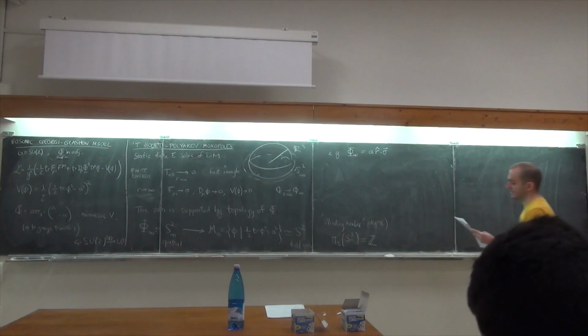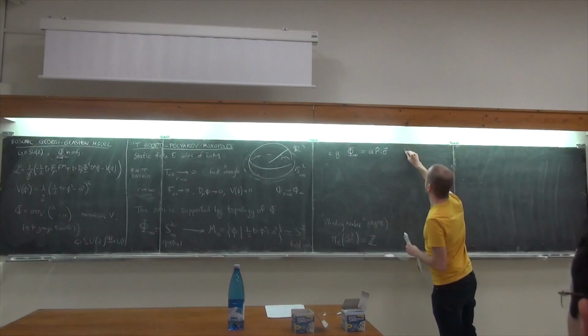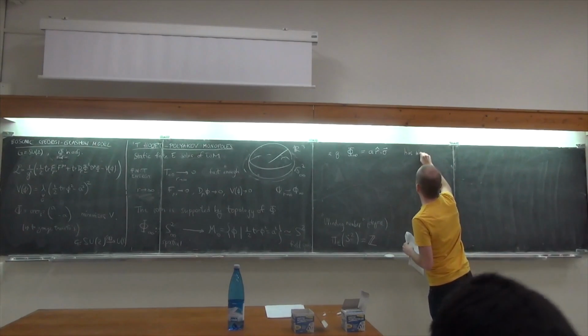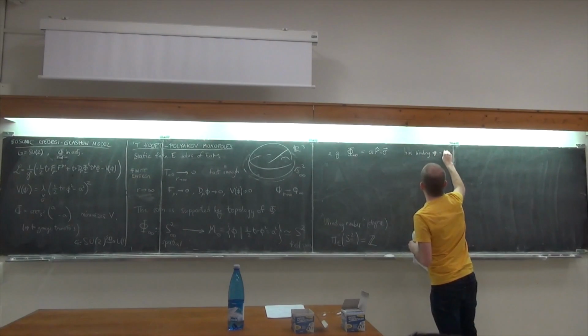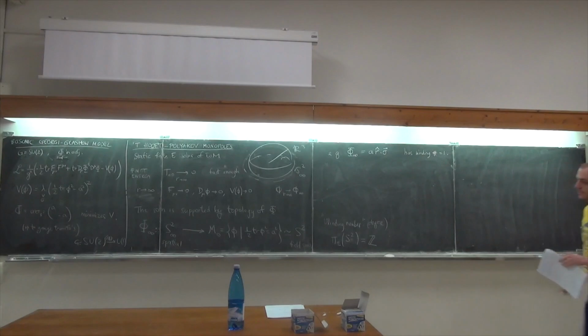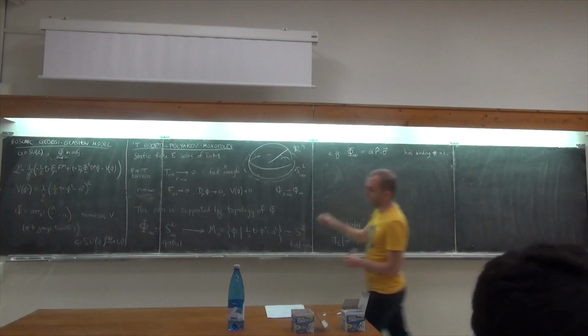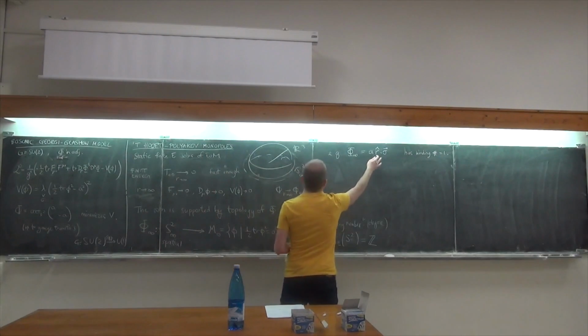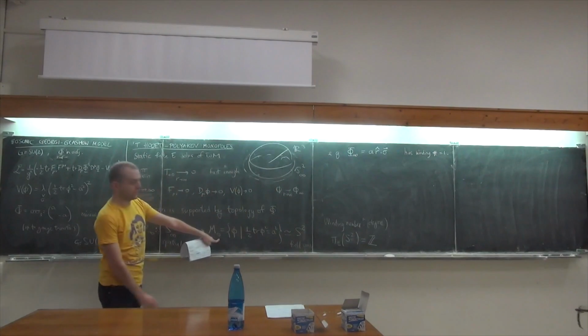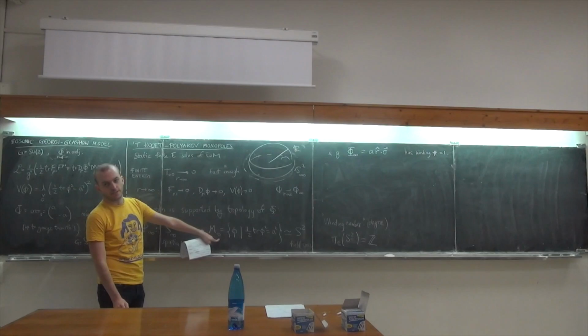Okay? So this has winding number 1, because as you go once around the two-sphere at spatial infinity, which has to do with r, you go once around this two-sphere in field space.